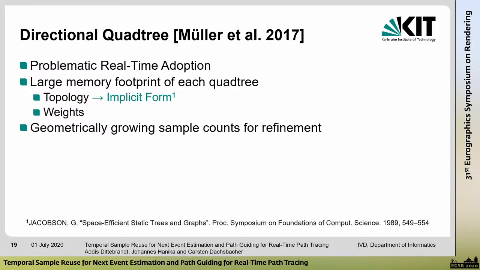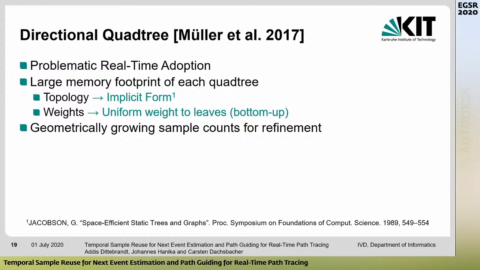So to mitigate this, we store the topology in implicit form using a rank and select data structure. So this brings down practical topology sizes with 96 leaves or 97 leaves down to around 128 bits, which encodes to 4 integers, which is not a lot. The weights are completely removed. We instead assign a uniform weight to the leaves.